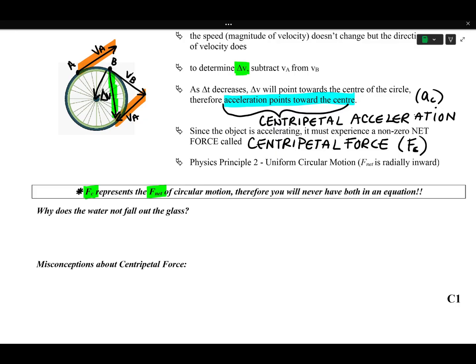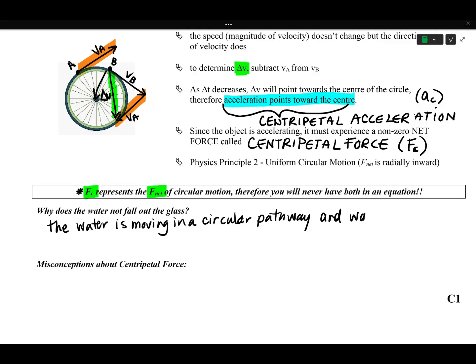Okay, now that we're back, why does the water not fall out of the glass? What is it experiencing as it's moving in that circular pathway? So, the water is moving in a circular pathway, and it wants to fly off tangentially.